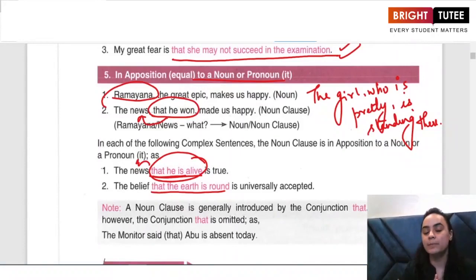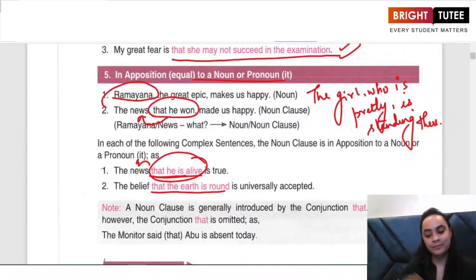The third type was when it follows a preposition. The fourth type of noun clause was when it followed an incomplete verb, when it completed an incomplete verb. And the last type of noun clause that we learned was when my noun clause is equal in relevance to the noun or the pronoun in the sentence.